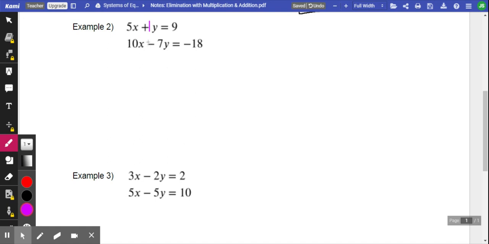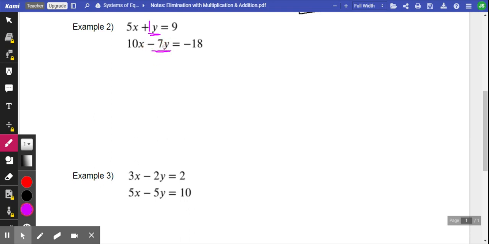What we would have to do is manipulate one of the equations in order to get the opposites or the inverses that we need. So we get to make a choice, and we could choose to eliminate our x's or our y's. For this problem, only because I think it's a little bit easier, I'm going to look at my y's.